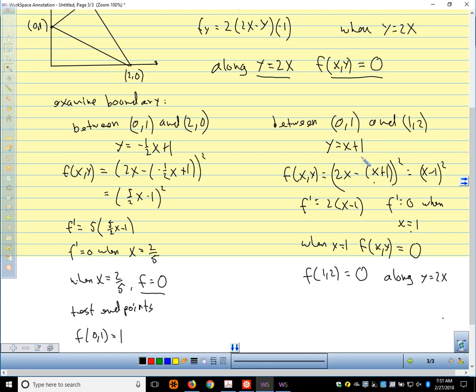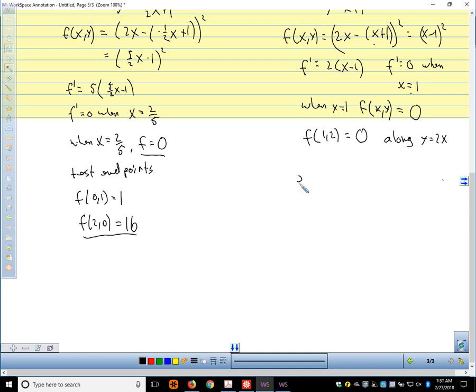Here, I just plug that into here, because we're on that boundary, and that point's on the boundary, so I can just plug it in there. For the endpoints, can you just plug them into any of the functions? Yeah, whichever is easier.